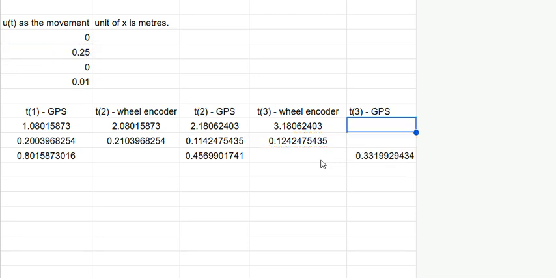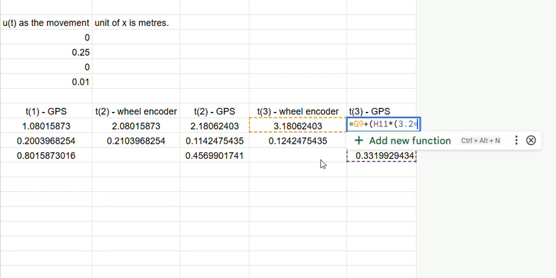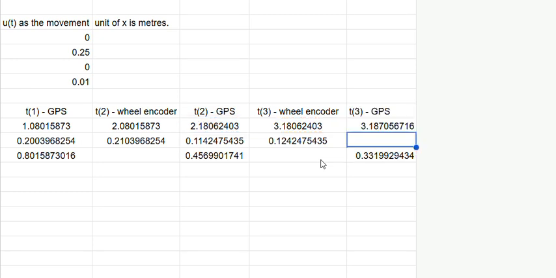Now we'll calculate the exact location. I'll use the Kalman filter gain, which is multiplied by 3.2 minus this value, and I get 3.187. Now I can calculate my uncertainty, which is 1 minus the Kalman filter gain multiplied by this.